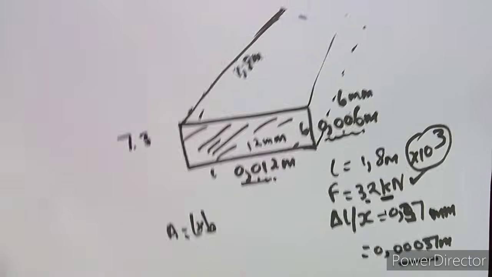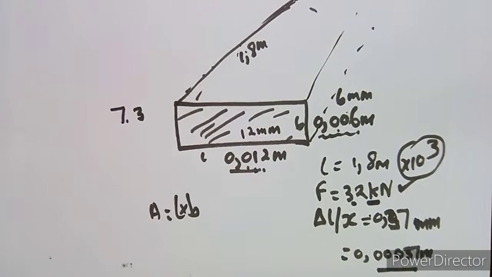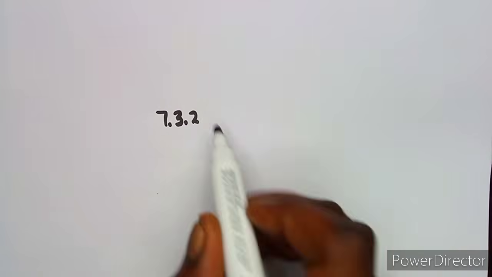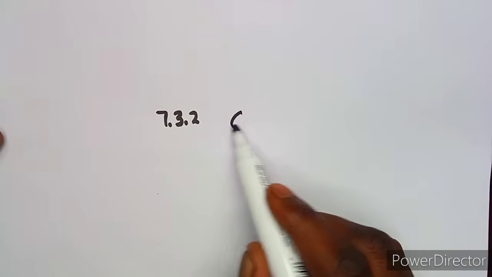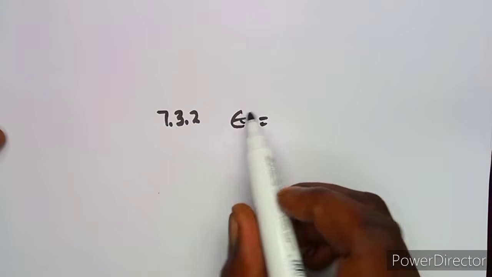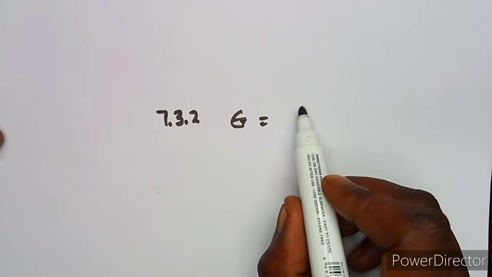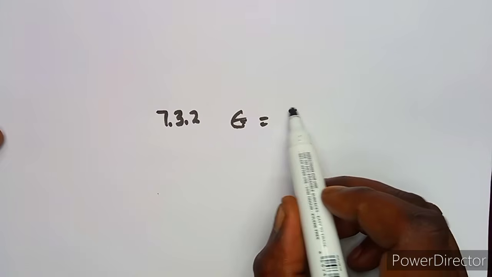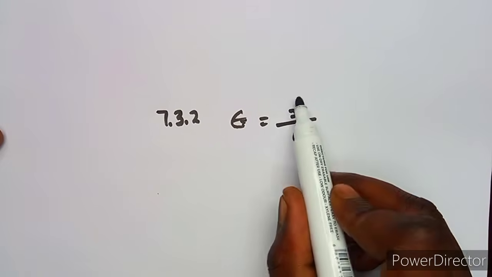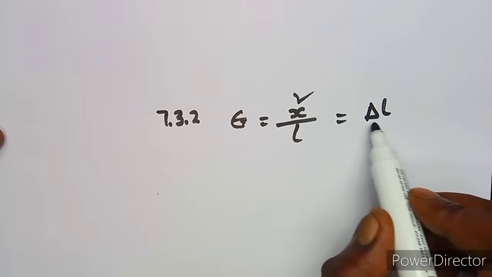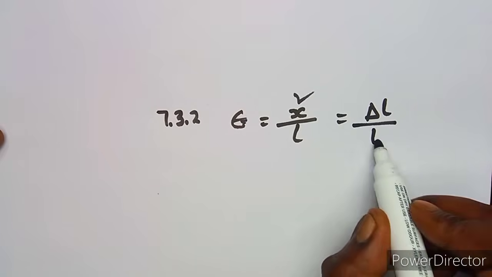From our formula sheet, we have this formula for strain, not stress, which is the change in length. Take note, like I said, it is the change in length, which can be written in terms of x, over the original length. Or you can just write it like this, change in length over the original length.